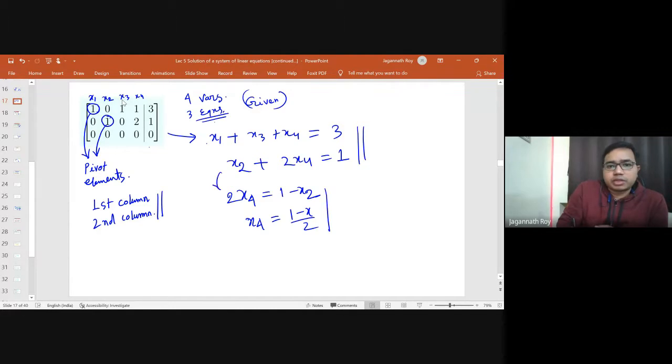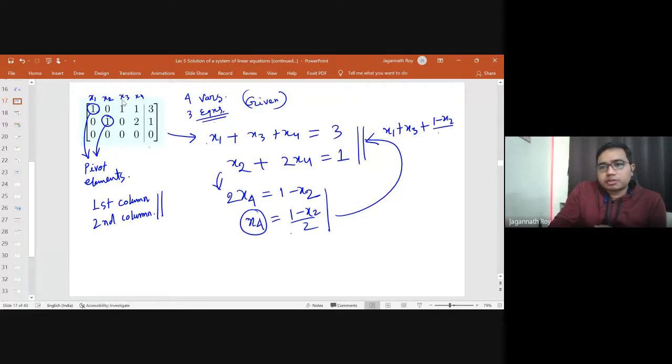So from here, if you substitute this value in the previous equation, then you will get x1 plus x3 plus x4, which is 1 minus x2 divided by 2, equals the right hand side, 3.